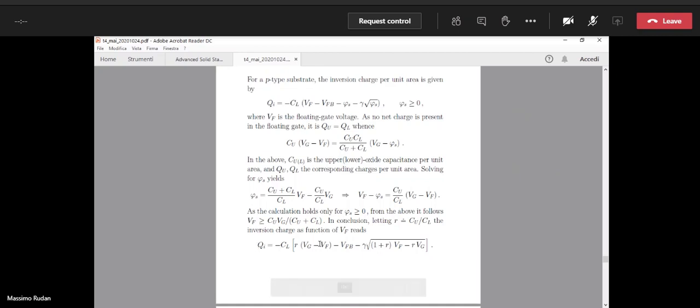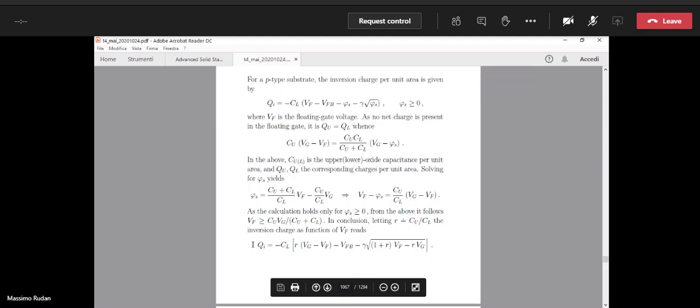How do you exploit it? Vf is the floating gate voltage that operates the transistor. So by detecting the current in the transistor, we can calculate back the floating gate voltage, and from this formula, from the floating gate voltage, we can calculate Qi.